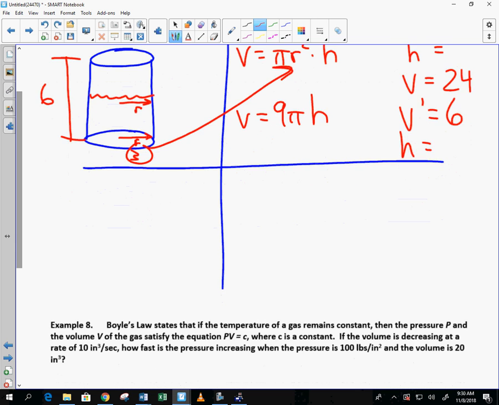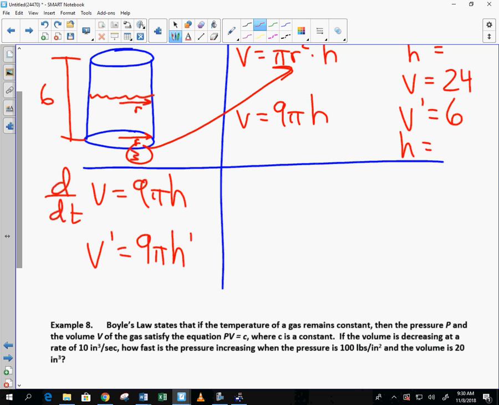So we take the derivative with respect to time of volume equals 9 pi h. What's the derivative of v? V prime. Okay, thank you. Yes, you're 100% right. Good job. What's the derivative of 9 pi h? Good. What's v prime?